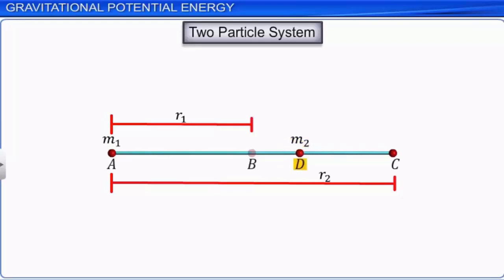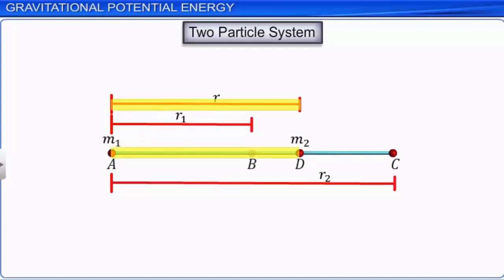The gravitational force of attraction between particles of masses m1 and m2, separated by distance r, which acts along dA, is G into m1 m2 divided by r square. Let this be equation 1.